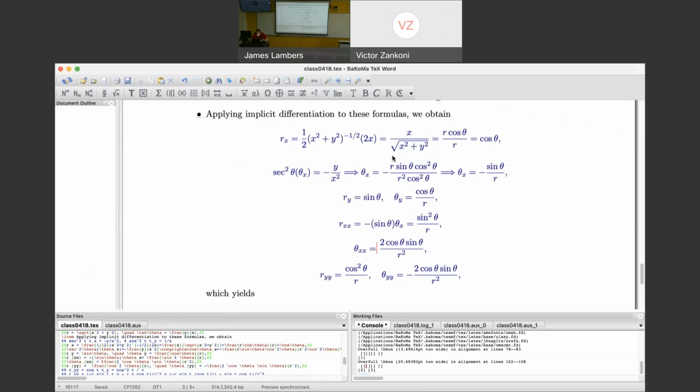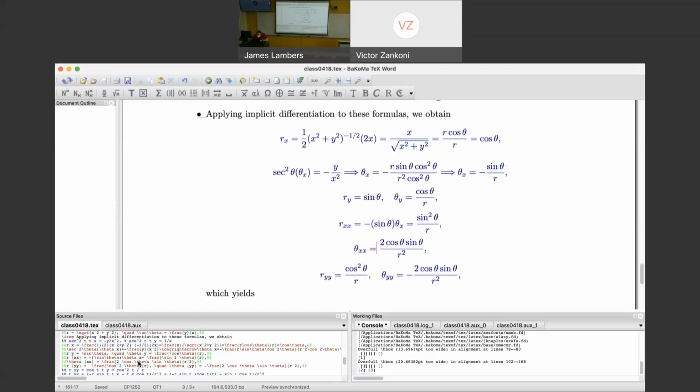Yes. So I've got to differentiate this with respect to x. Quotient rule, because r and theta both depend on x.